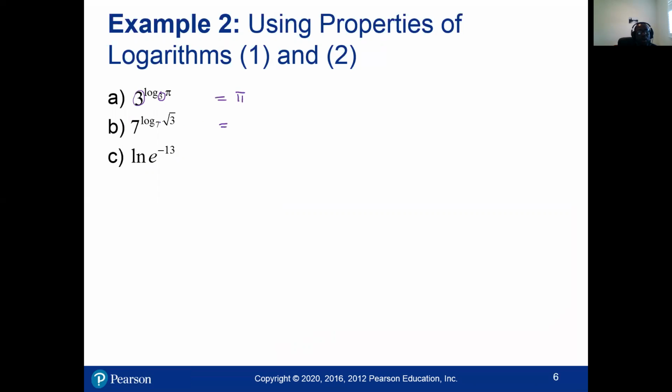The second one, log of 7 raised to log of root 3 base 7. That is equal to log of the square root of 3. And then this one is also equal to negative 4, 13. But for the same reason.